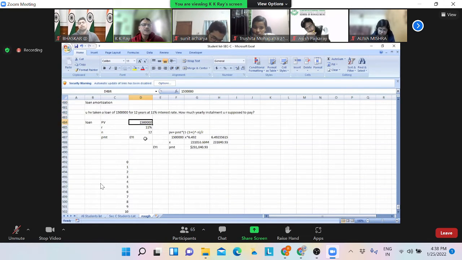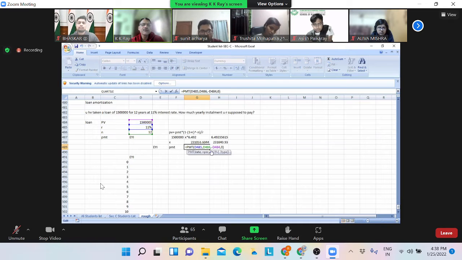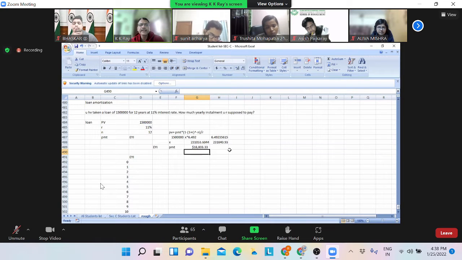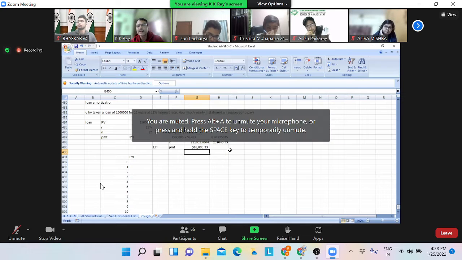If we calculate this monthly, the rate is divided by 12 and the period is multiplied by 12, everything else is the same. The monthly amount will be 18,803.3. If you want to pay monthly at this interest rate, you are supposed to pay 18,803 monthly.